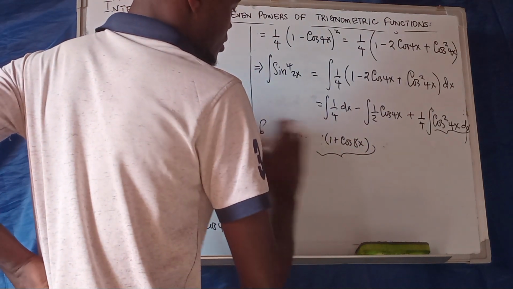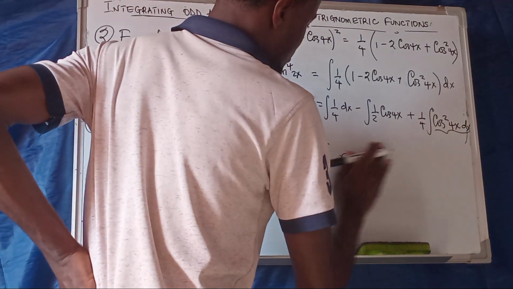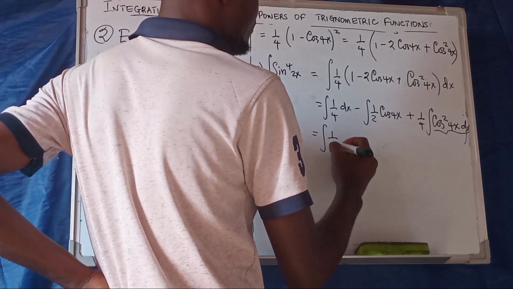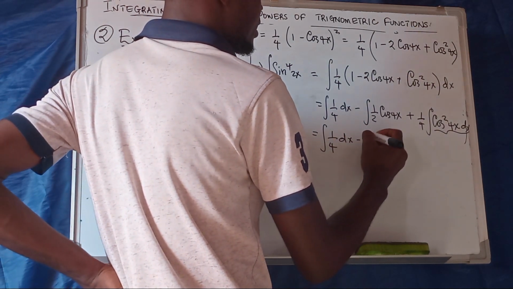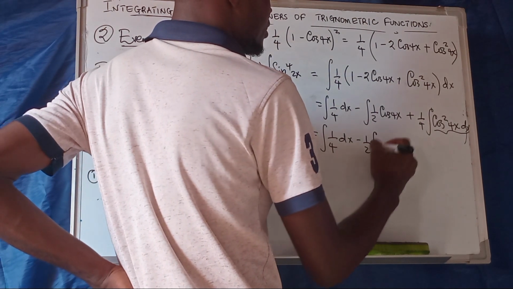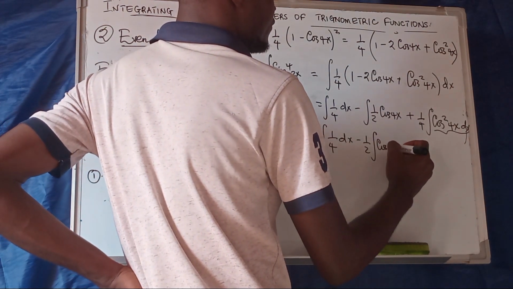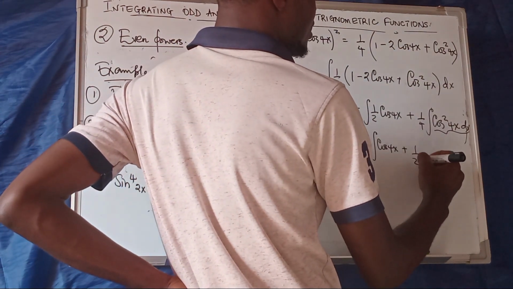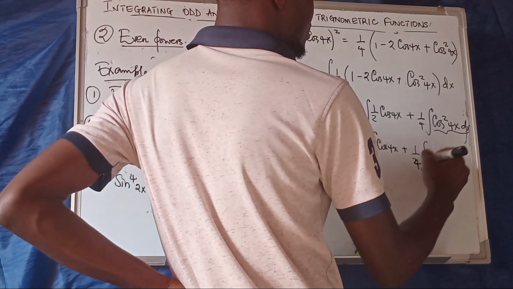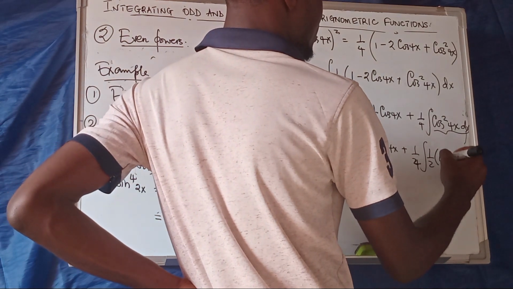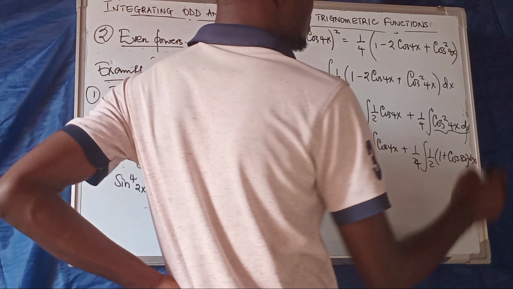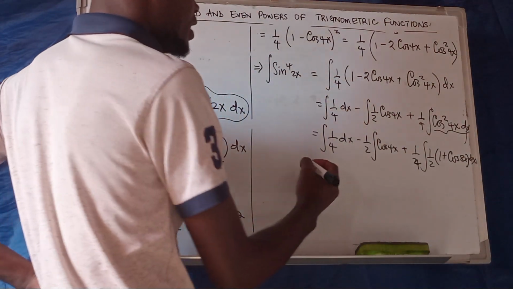So I can simply replace this here like that. Now this is the same as the integral of 1 over 4 dx minus a half integral cos 4x plus a quarter times a half, integral of 1 plus cos 8x dx, like that. Hope you are together.